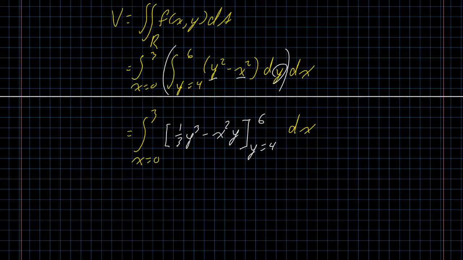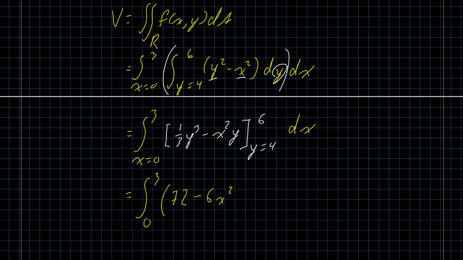1/3 times 6 cubed. Well, 6 cubed is 216. 216 divided by 3 is 72. And then we have 6 times x squared.